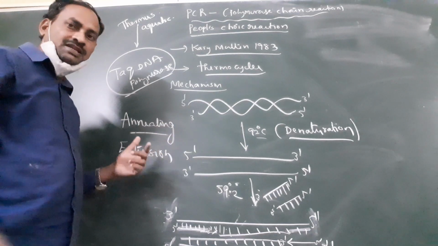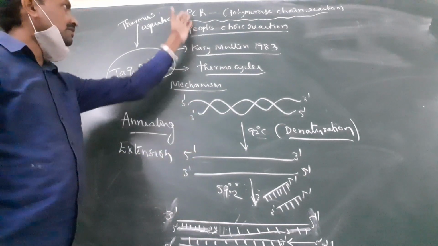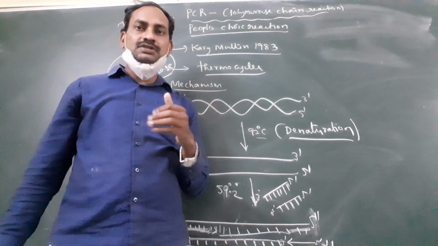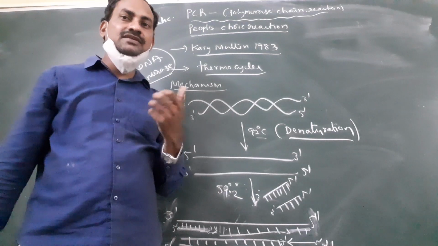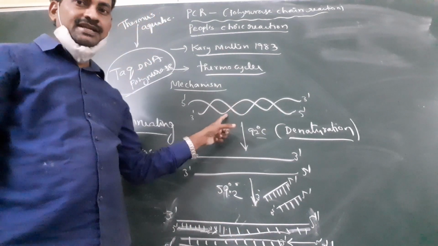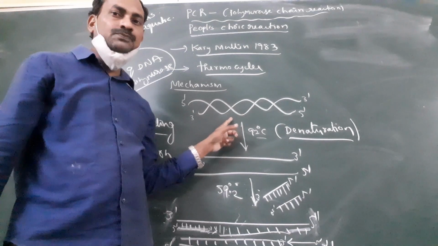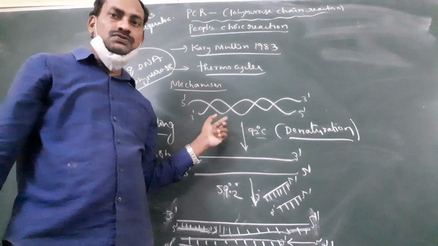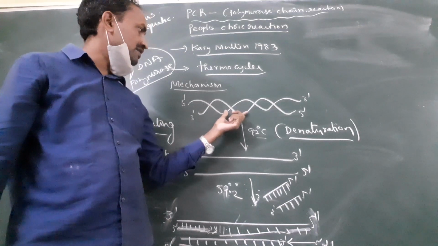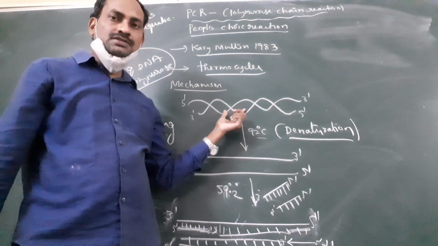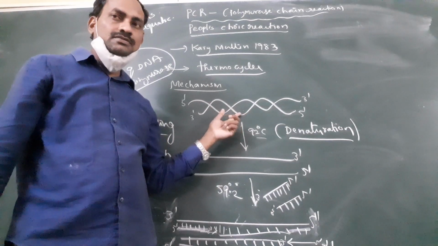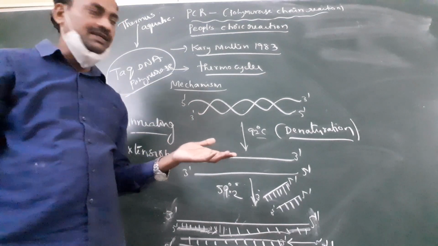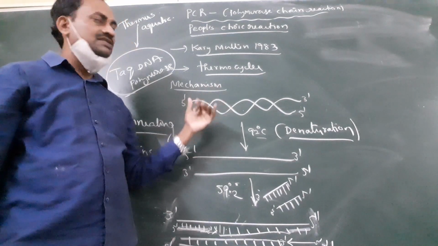These three steps are repeatedly done in the polymerase chain reaction, so that after 30 to 35 cycles we can get billions of copies of the target DNA strand. These multiple copies are also used in rDNA technology. We can insert the multiplied copies into a suitable vector and carry out rDNA technology. So this is a use of polymerase chain reaction.